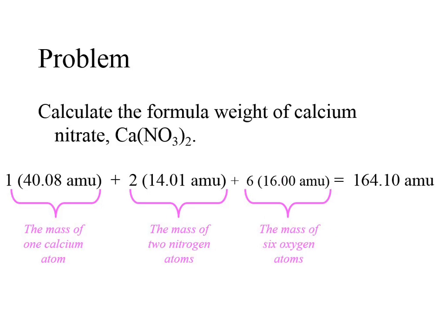So we have 2 nitrogens, so 2 times the decimal number for nitrogen, 14.01 AMUs, plus 6, 2 times 3, 6 times the decimal number for oxygen, which is 16.00 AMUs.